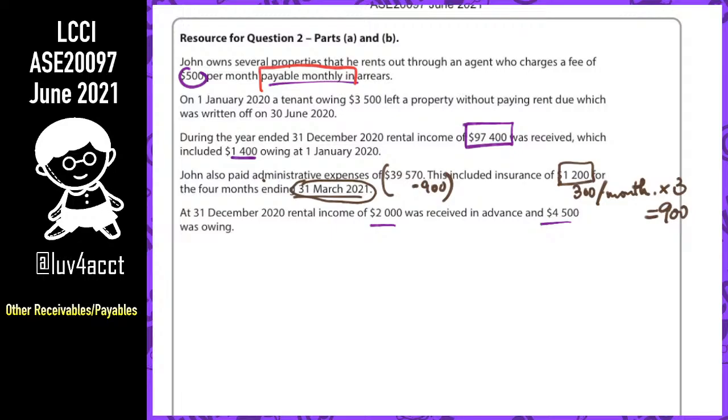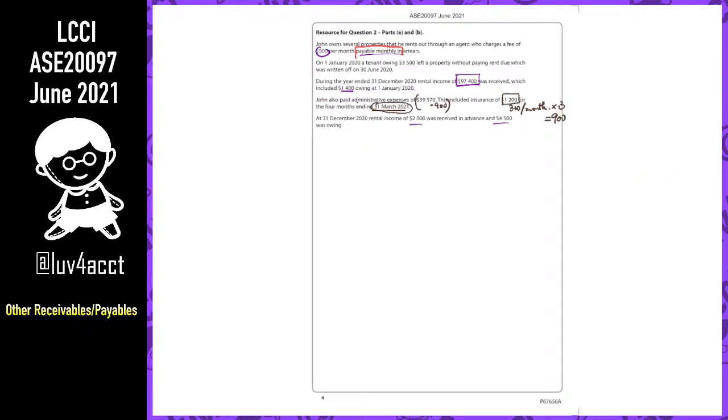This is our payment, but it is not our expense. It's next year's expense. Next year we add back 900, but this year we reduce it by 900. So 39570 minus 900, we have 38670. Now let's go to the page.